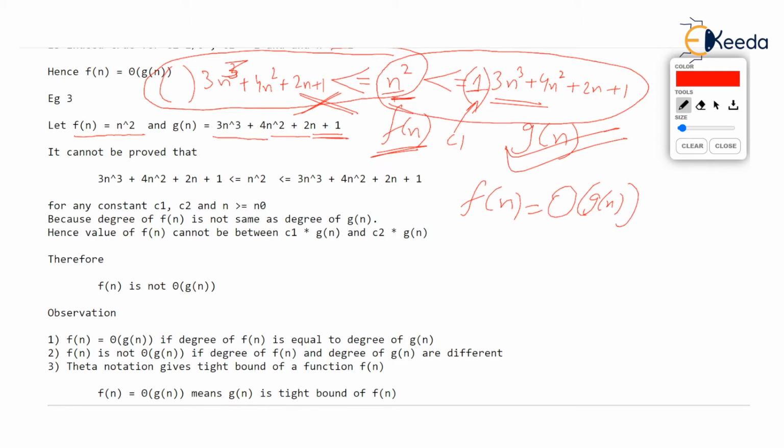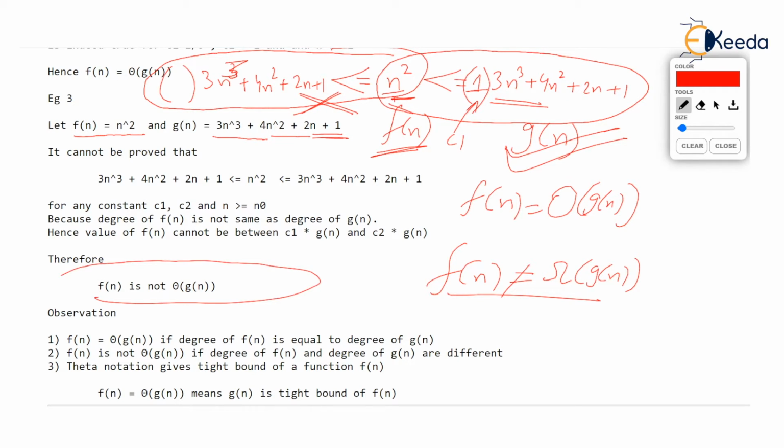I hope you are understanding. It is not true that Fn is omega of Gn. As Fn is not both O and omega of the same function, we say that Fn cannot be theta of Gn. I hope you got this.